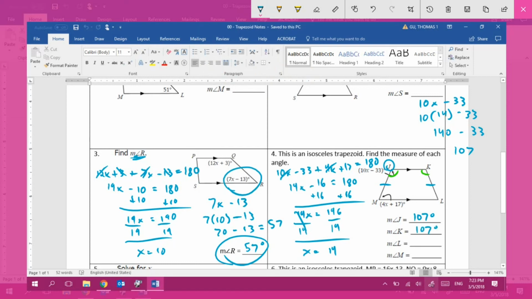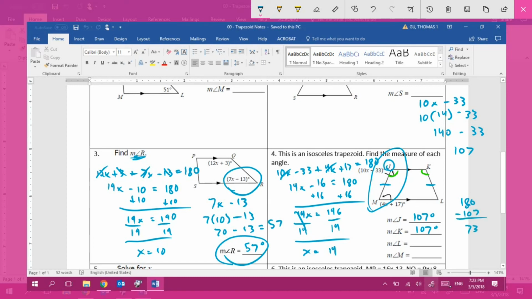Now, instead of plugging x back in, I can just take these two angles, and if I want to find M, I can just subtract J from 180. Remember, because they add up to 180. So 180 minus 107 is 73.